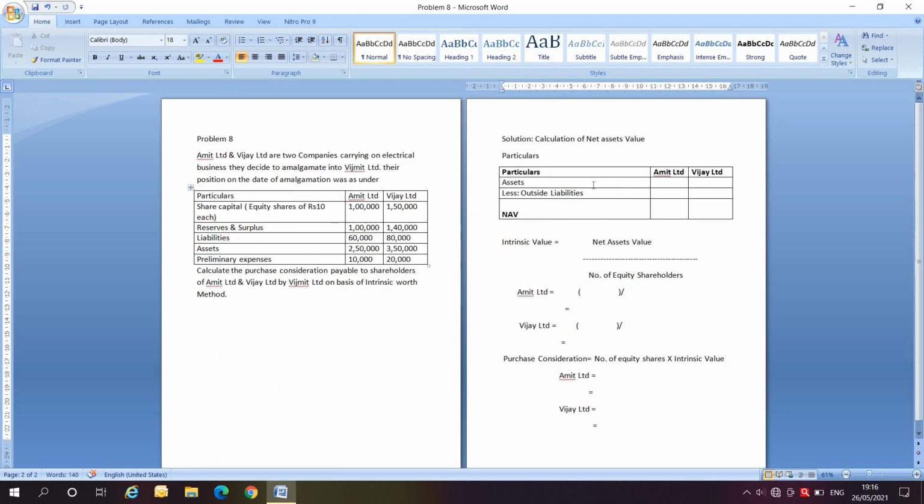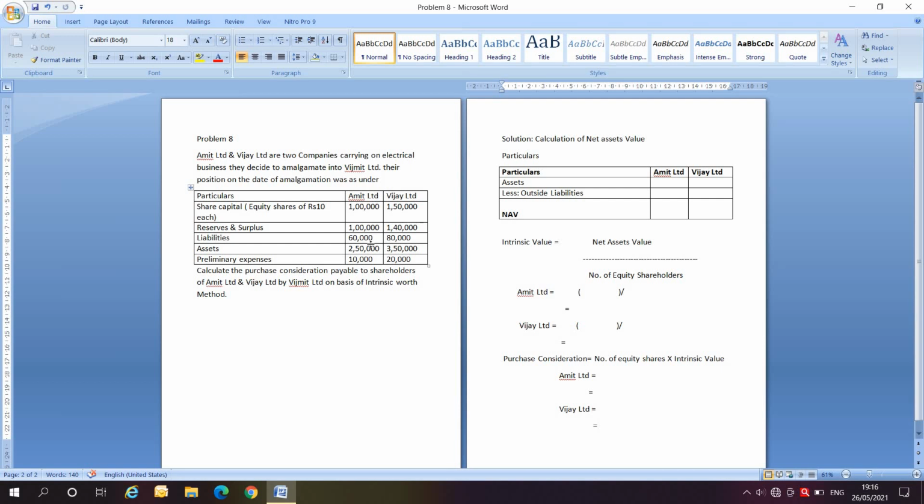This is how we are going to start solving the problem. First, let us calculate net assets value, NAV. First, we have to calculate intrinsic value. For intrinsic value, the formula is net asset value divided by number of equity shares. So first, we have to calculate net assets. How are we going to calculate net assets? Assets minus outside liabilities.